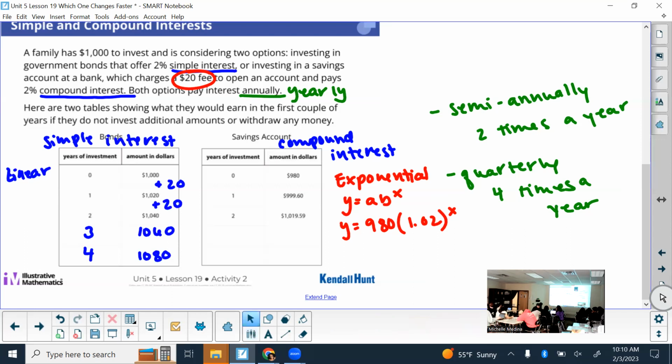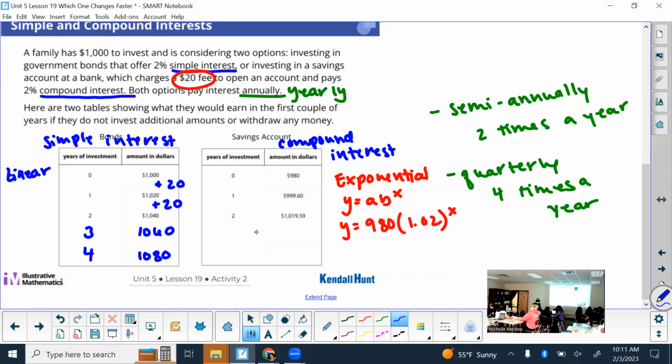All right, and then if I double check that on my calculator, I'll just do it on my own calculator. I won't necessarily put it on the screen. But $980 times 1.02 is $999.60. And you take that amount times 1.02, you do get $1,019.59.